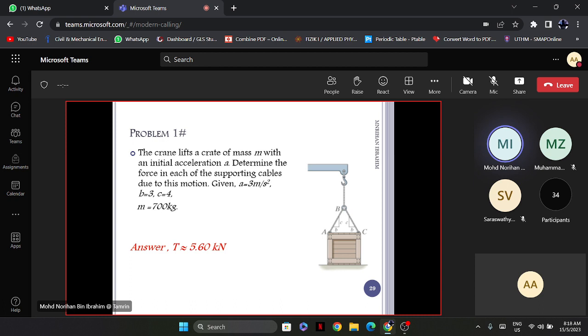So they ask you to find out the force in each supporting cable, the cables AB and CB. The answer is given, which is approximately 5.60 kilonewtons.